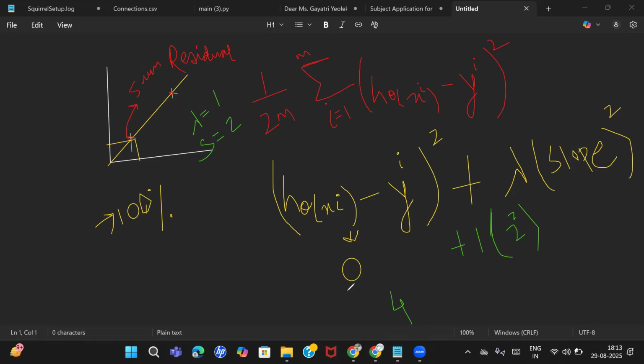So what we are getting at the end, we were getting the sum of residuals, the cost function. It was under overfitting, and we were trying to improve our model from the overfitting case. With the help of lambda and slope square, you can see our value has come from 0 to 4.